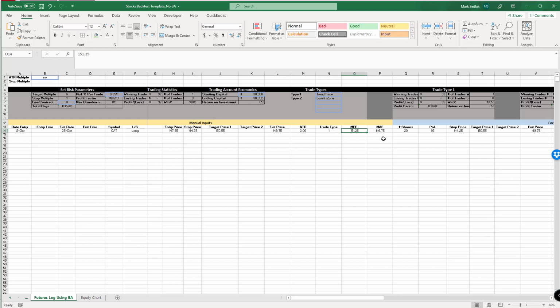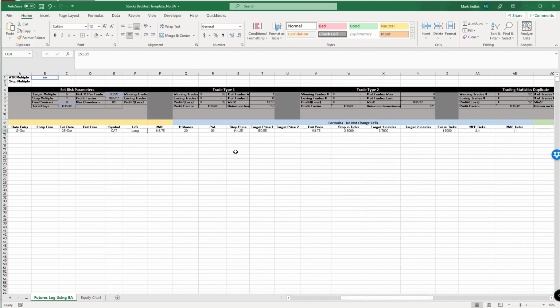So the MAE is going to be used to tell us how far the trade goes against us before it goes to hit its target. All right, now everything here in blue, these are all formulas. So you just want to leave these alone. Whatever you input over here will automatically fill in information here.